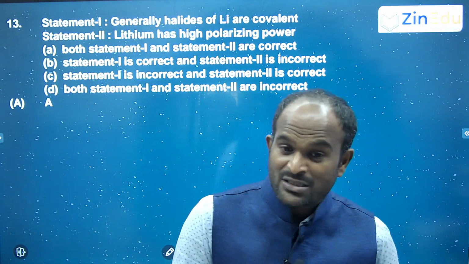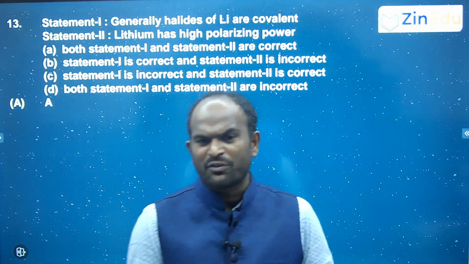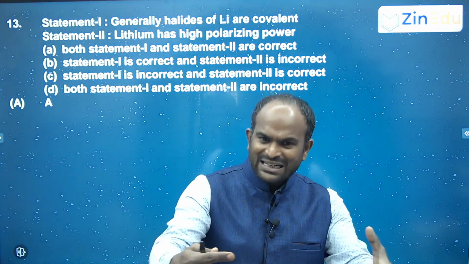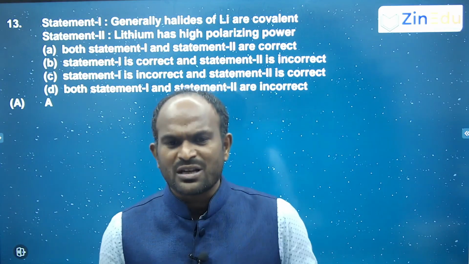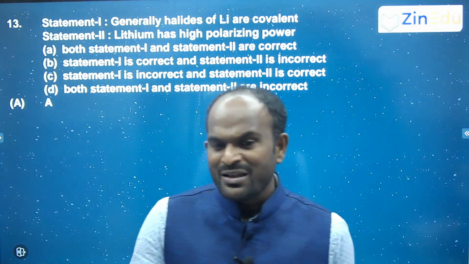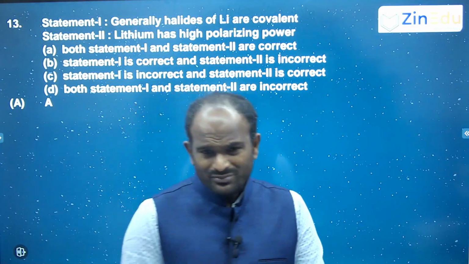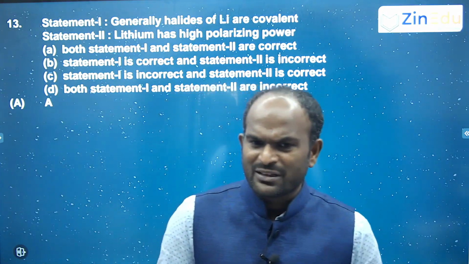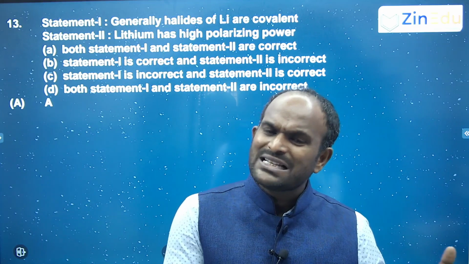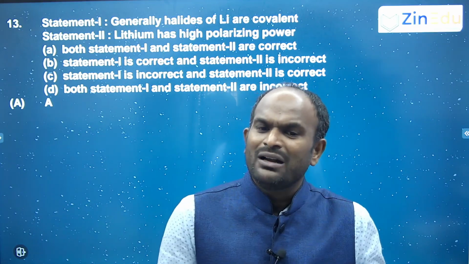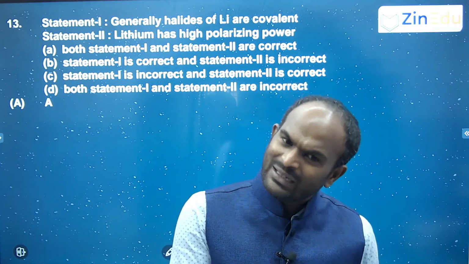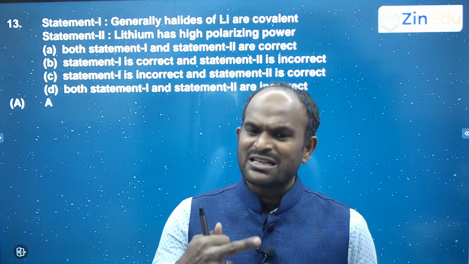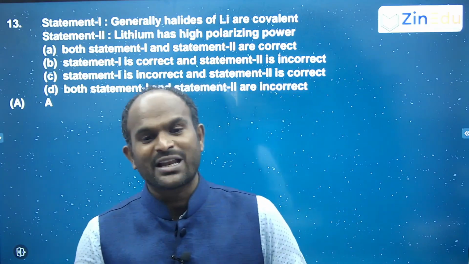Lithium peroxide does not exist because of the greater polarizing power of Li+, which grabs the electron density towards itself, and it is converted to Li2O along with O2. Lithium nitrate faces the same situation. The same thing happens with lithium nitrate also. These are all because lithium has greater covalent character, smaller size, and more electronegativity and polarizing power.